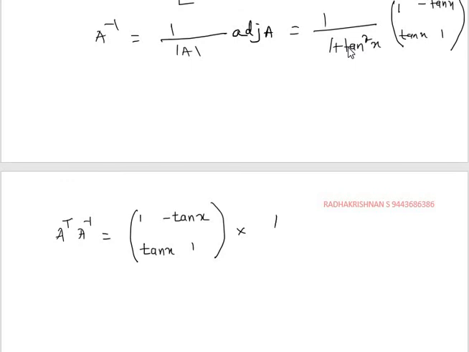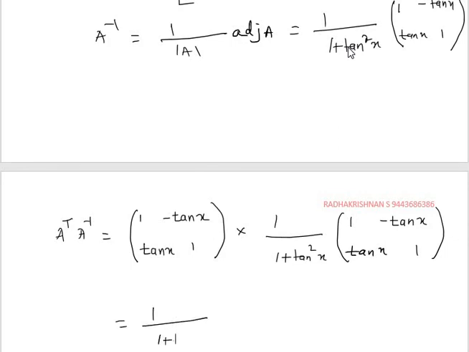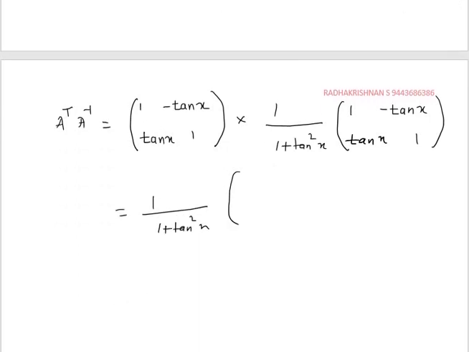That is 1 by 1 plus tan square x, into the matrix [1 minus tan x; tan x 1], right? Okay. First, this number, 1 plus tan square x, can be taken out, and I should multiply the other two. Therefore, if I write the other two together, see what we get. That is, this is tan square x.